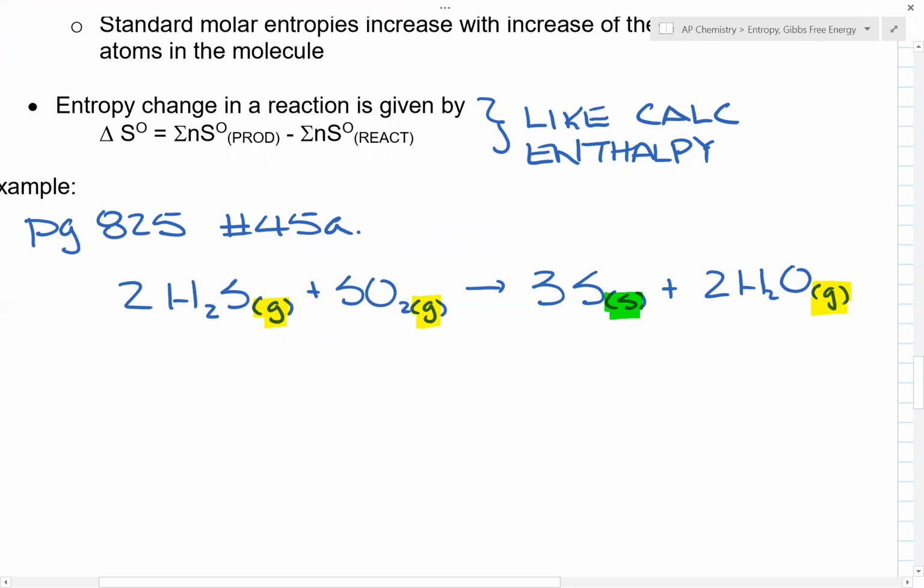So you can predict that it's going to be non-spontaneous, or negative, because you're lowering the entropy. So here, if we did the calculations, delta S naught would be the sum of the products of S naught minus the sum of the reactants.